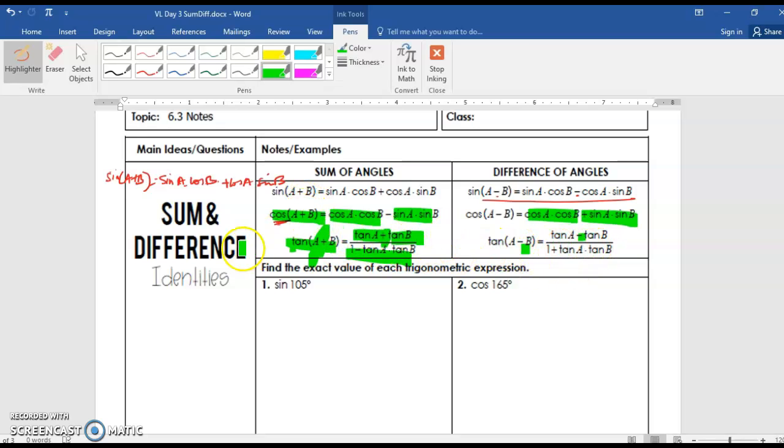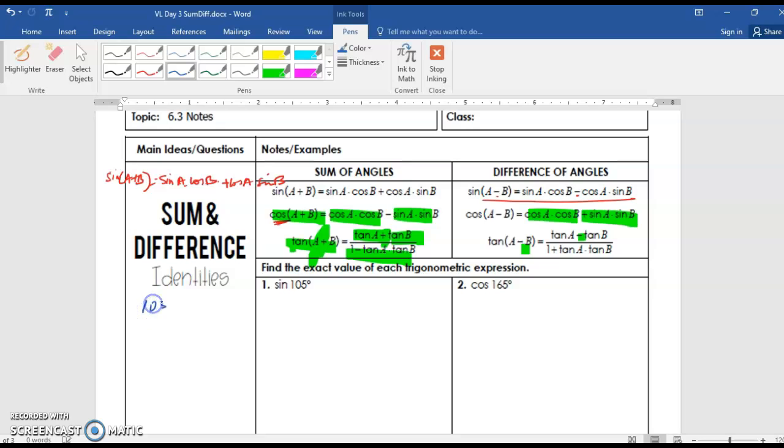So how are these useful to us? They are useful to us when we do not have a calculator handy, and also when you have angles that are posed to you which are totally unknown to you. So this is like sine 105, but I can look at 105 as something that I can bring to a known angle by splitting it apart.